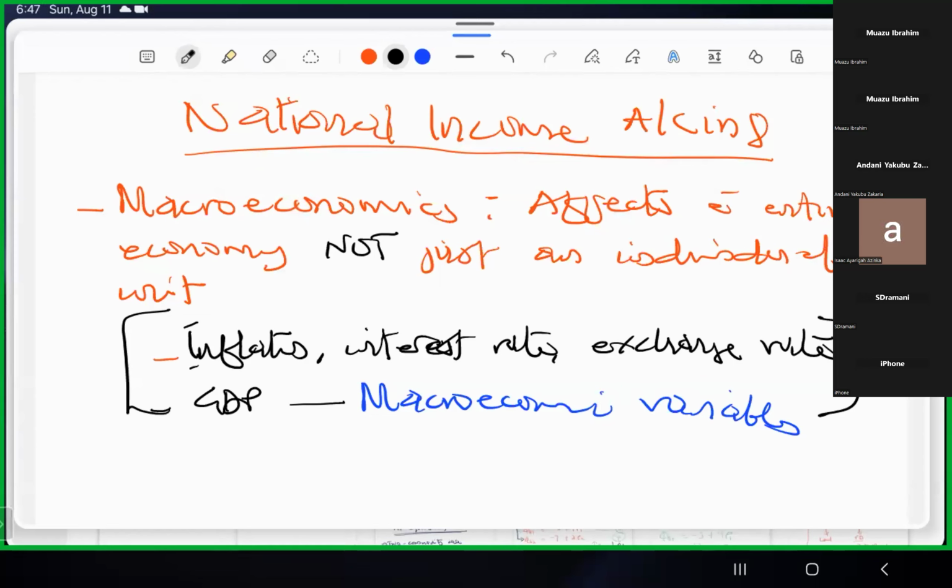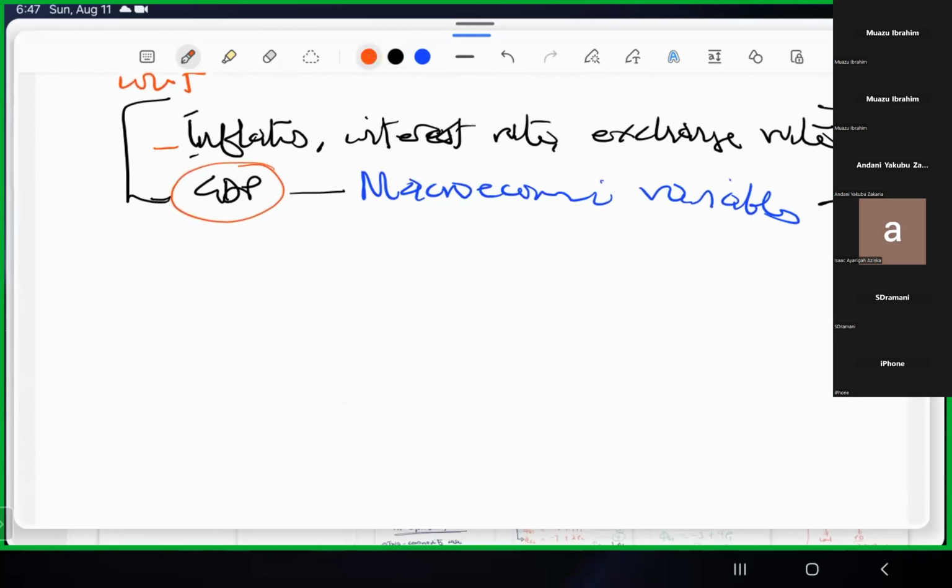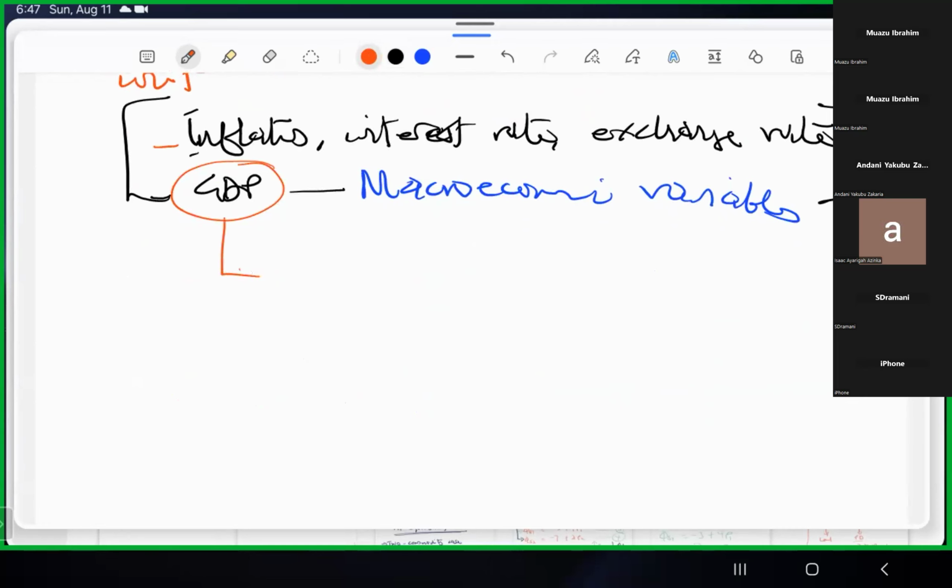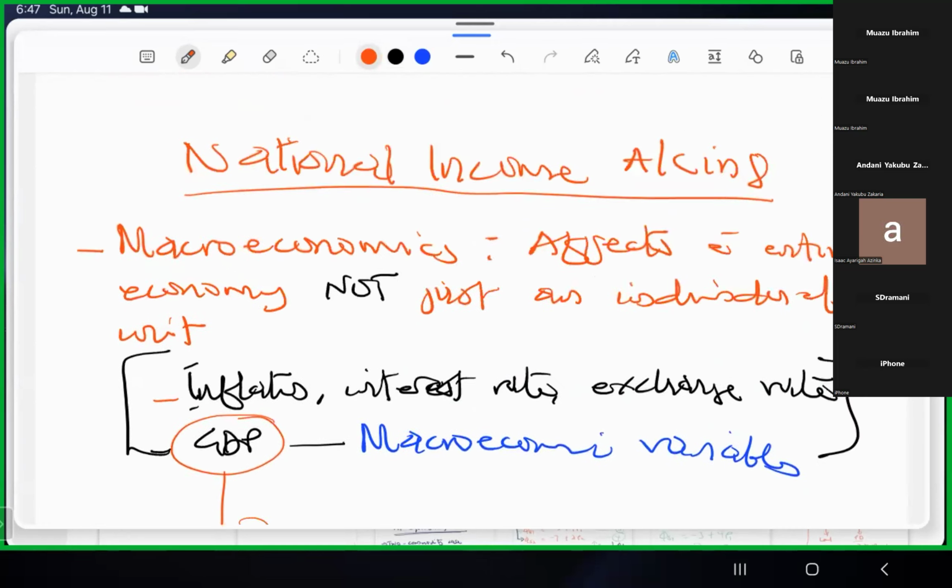An interest rate is for everyone, and an exchange rate is for everyone. So these are the key macroeconomic variables. But for today's lecture, we are going to concentrate on GDP. And we measure GDP using an approach called national income accounting.